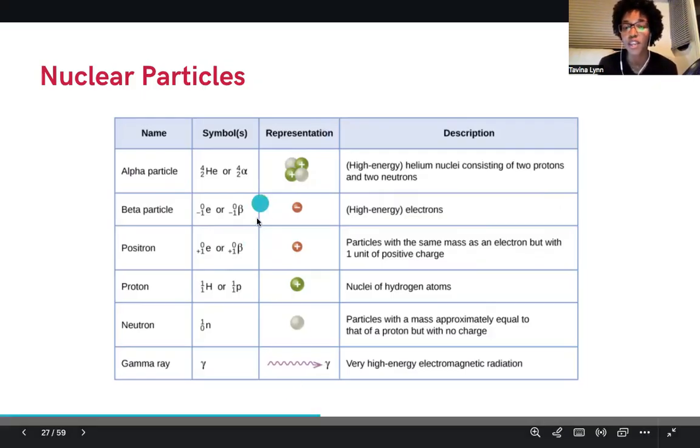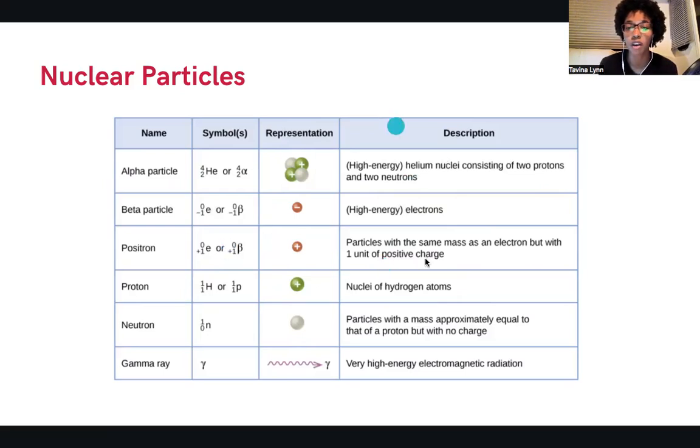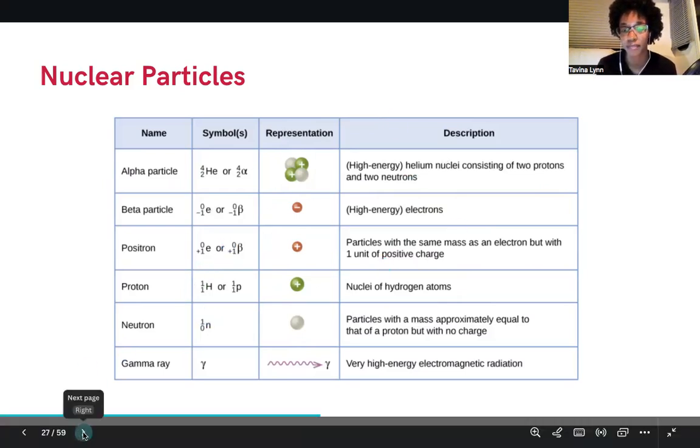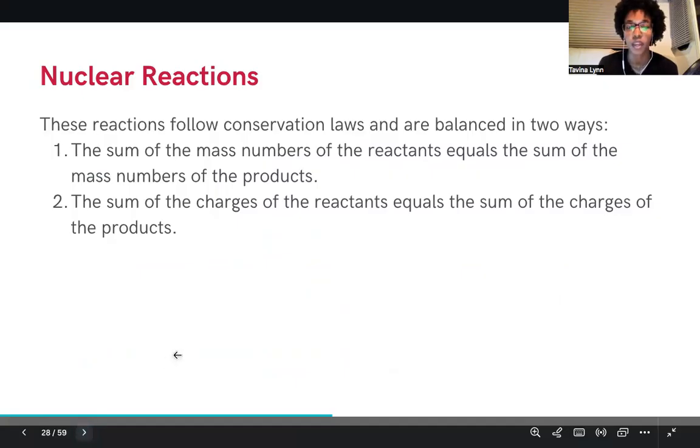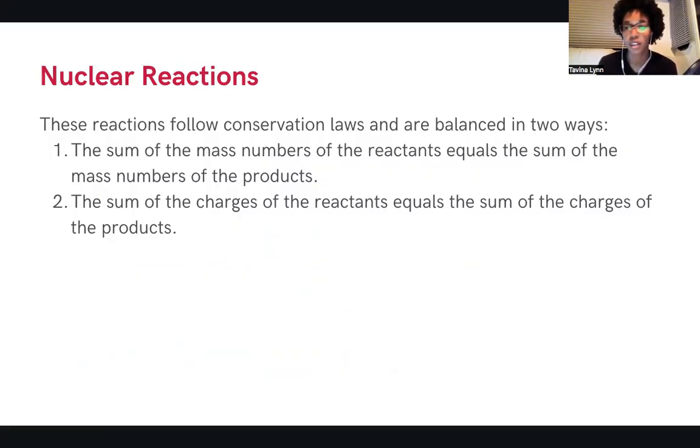All right. So back to nuclear particles. These are all the particles that will be in our nuclear reactions. These reactions follow the conservation laws. Same thing, energy cannot be destroyed or created here.